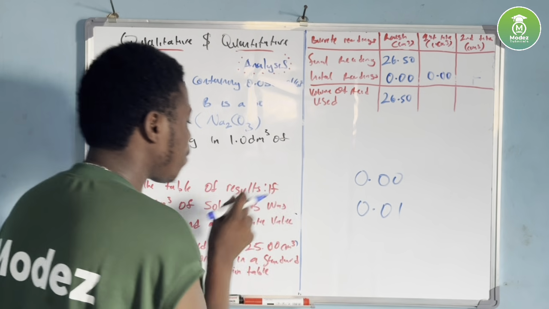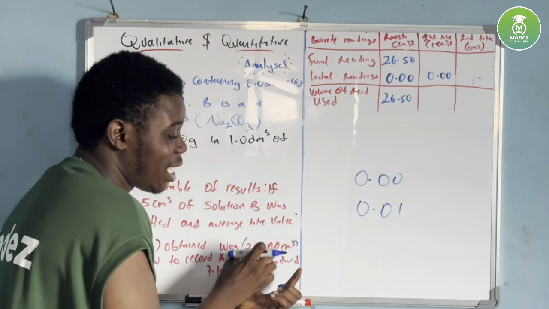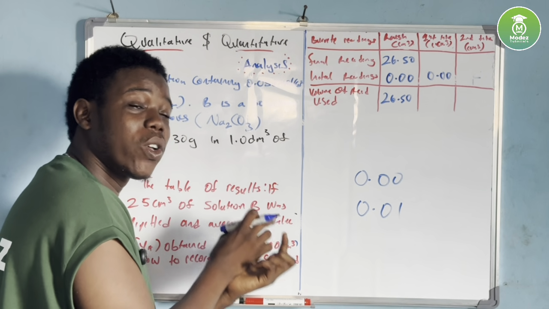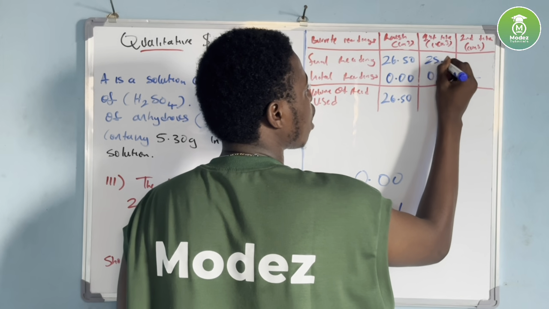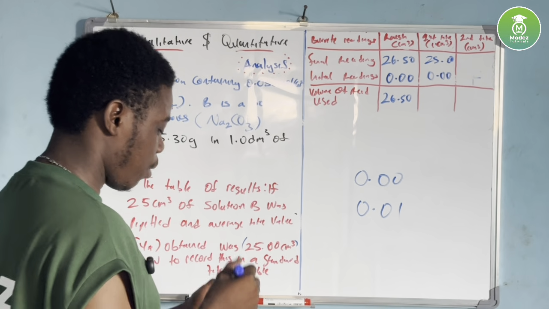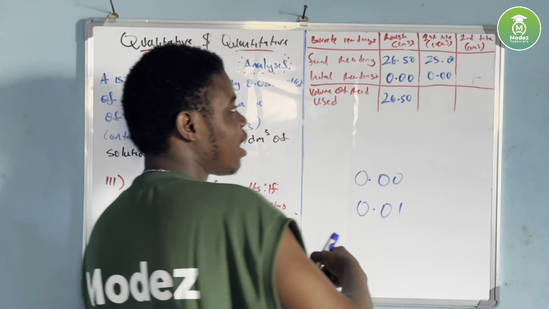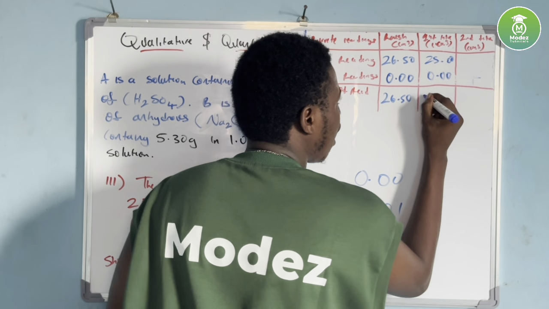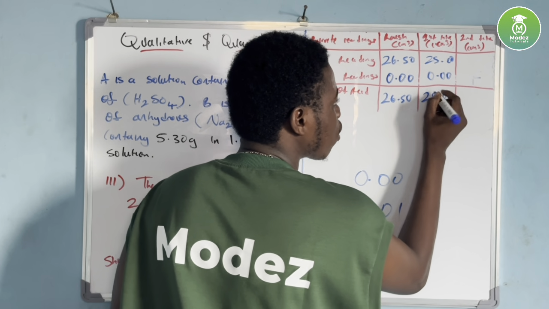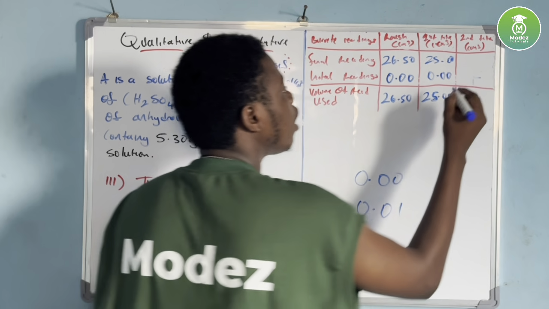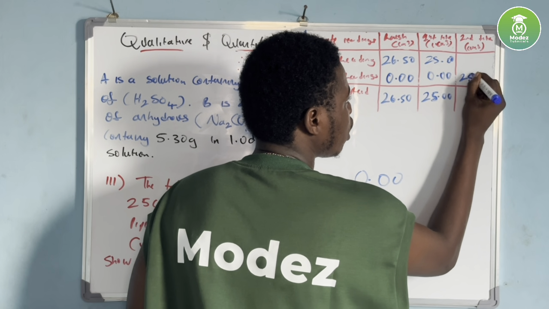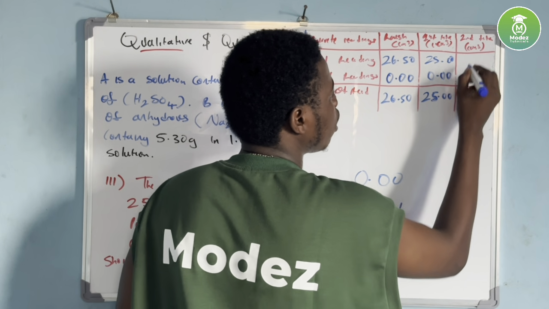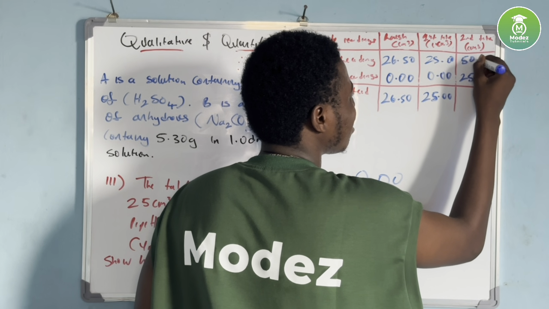Don't forget, we have to manipulate it in a way that we get this exact 25.00. I'm going to explain something later, but you understand now. Let me write this first. So now, this is the first titer, and you already got 25.00 here. Now, for the second titer, we can say the initial was 25.00, then the final is now what?